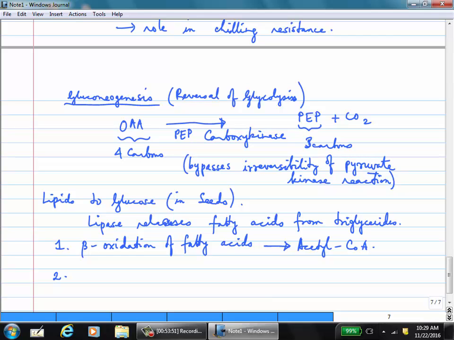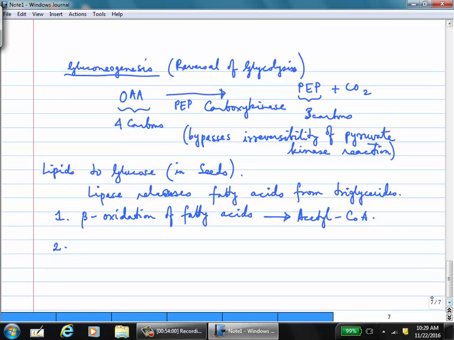That can come out and then get oxidized back to OAA out in the cytosol. So the reactions of the TCA cycle will take place one after the other, and in the case of plants, this will be running inside the glyoxysome. So acetyl coenzyme A plus OAA will give you citrate. Then citrate will go to isocitrate.